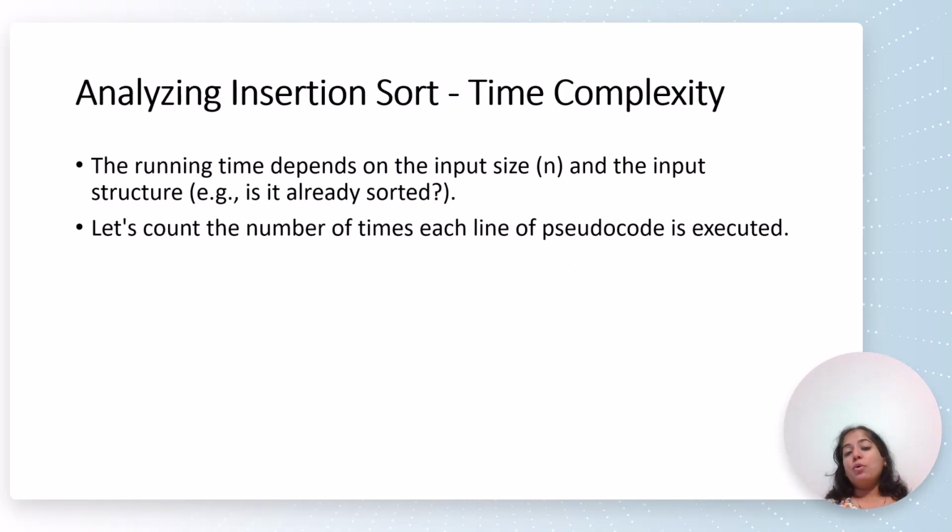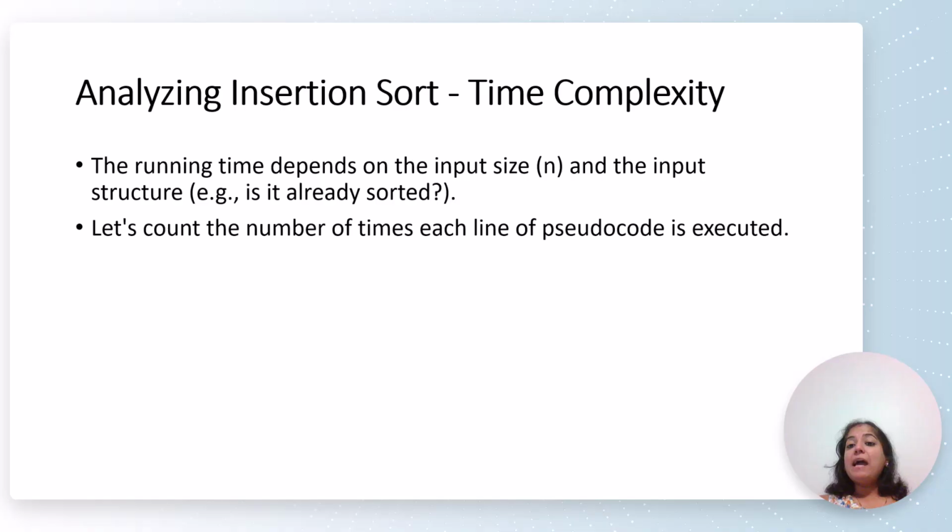Yes. So the running time depends upon the input size and the input structure. Input size: what is the value of n, what is the array size. For example, if you have only 3 elements, or one element, very little time. If you have 10 elements, more time, but not very large. If you have 100 million elements, then it will take more time. So it depends upon the size, as well as the structure of the elements.